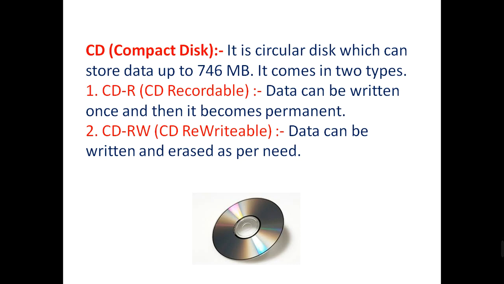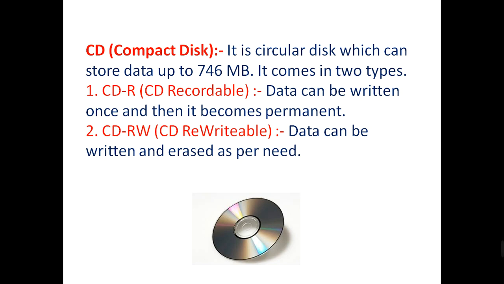Next is CD. CD stands for compact disc. It is a very popularly used memory device. We use a CD player in our home to play music or to watch movies.